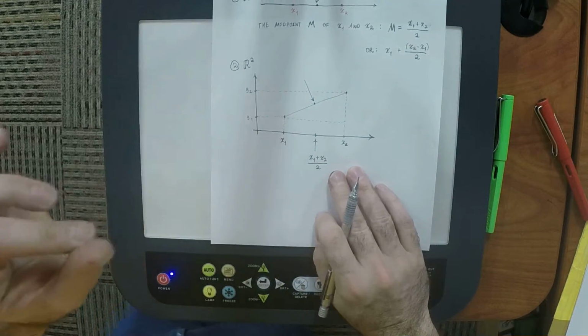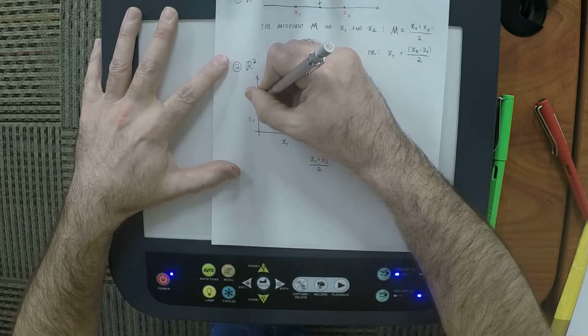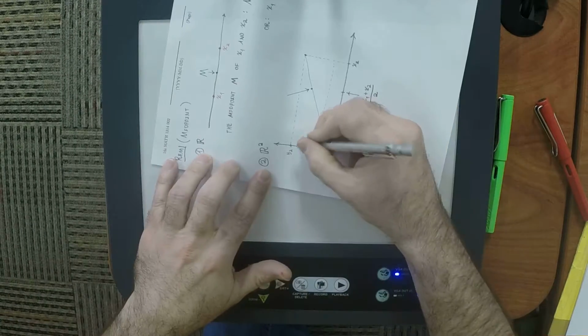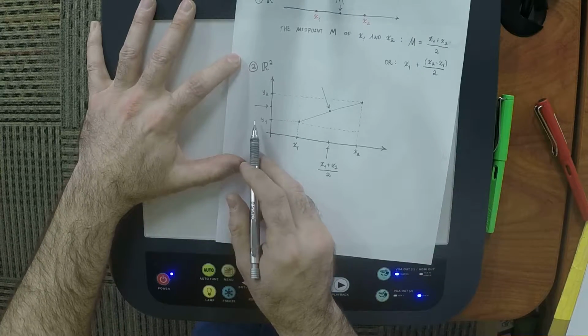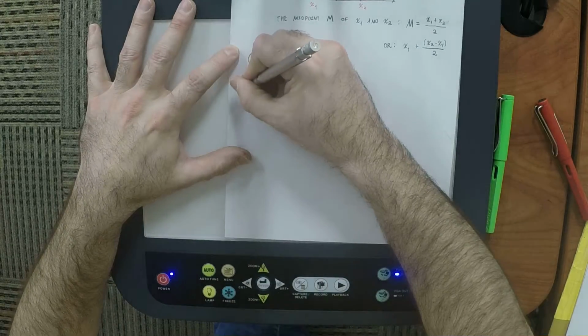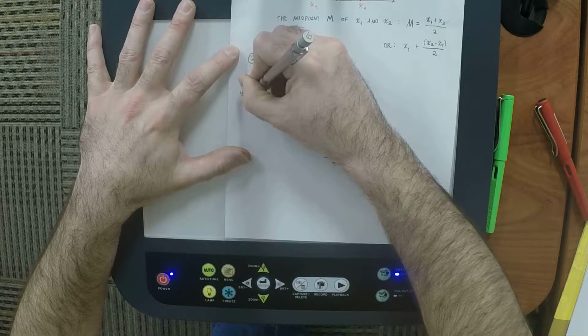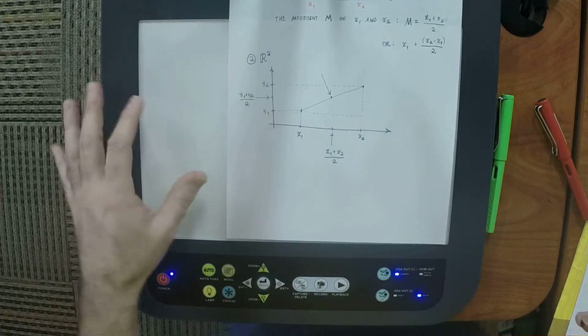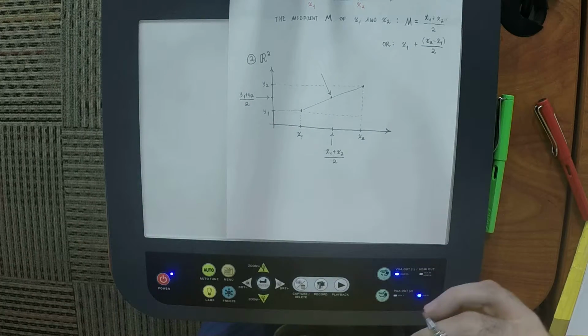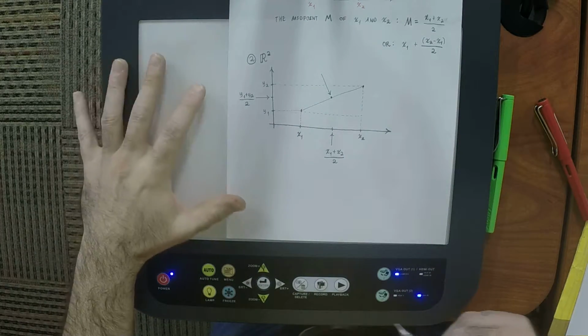So now we have a vertical problem. Is it possible to compute the vertical midpoint? What's its formula? The average of the y's. And now, there's probably enough for you to see what the answer to the question is.